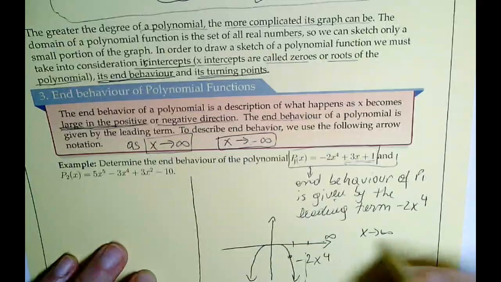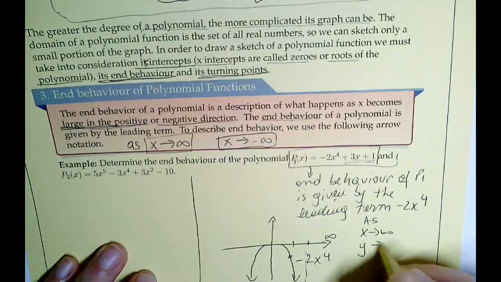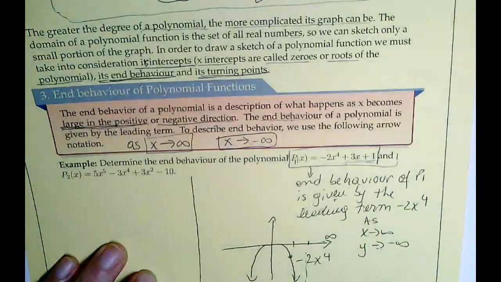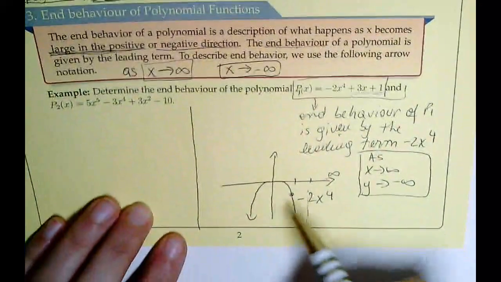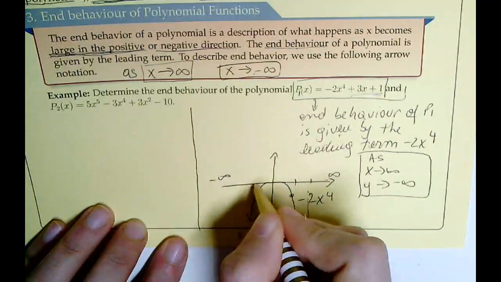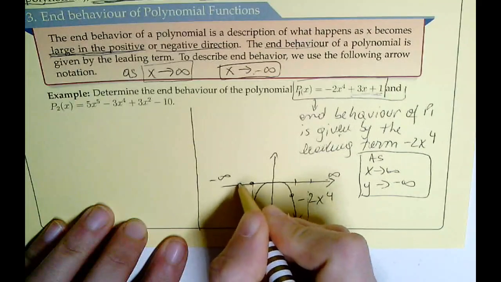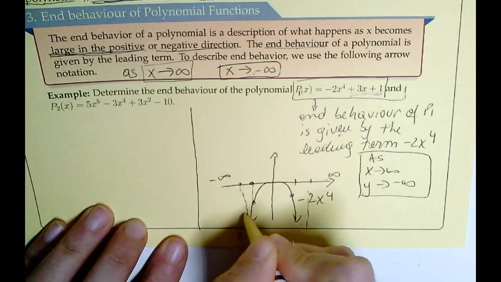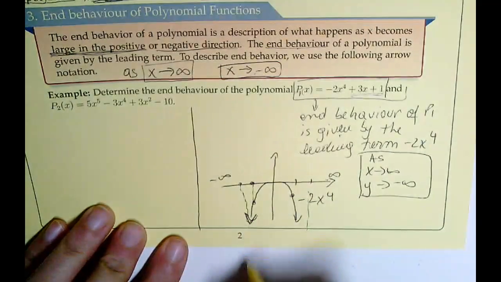So how do we write this? As x goes to infinity, the y value goes to negative infinity. Now, if I let x go to negative infinity, if x is right here, y is here, and if I let x grow even more in the negative direction, the y is going to be somewhere down here.